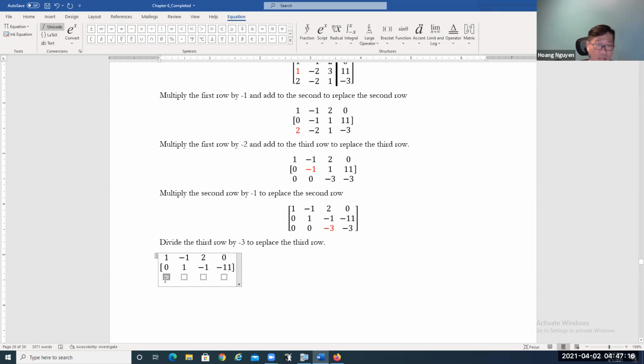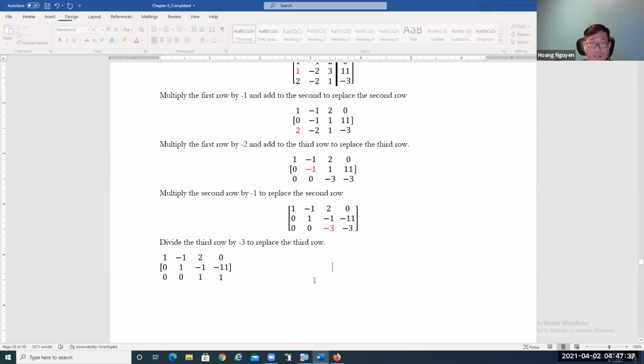That's okay. So the third row I will divide by negative 3, right? 0 divided by negative 3 is 0. 0 divided by negative 3 is 0. Negative 3 divided by negative 3 gives you a 1. Negative 3 divided by negative 3 gives you a 1. Oh, good.